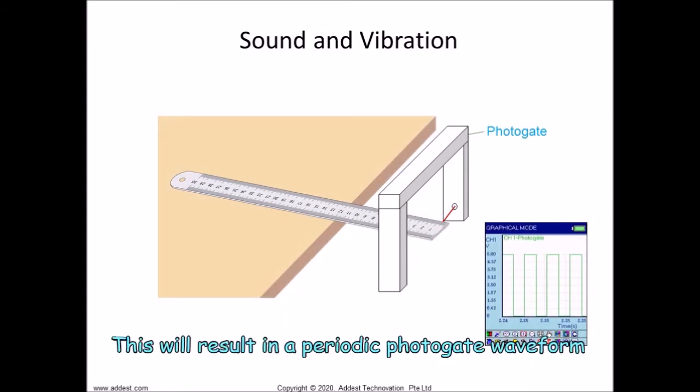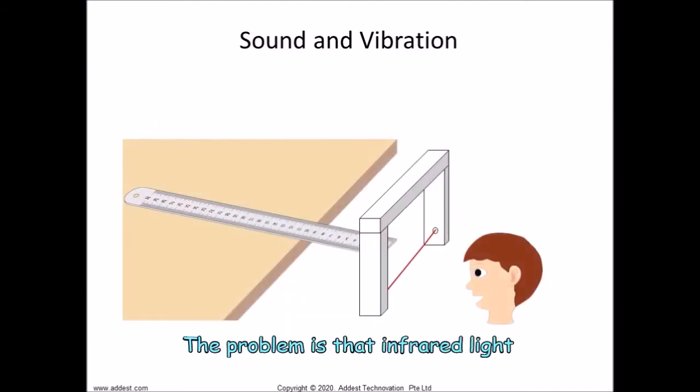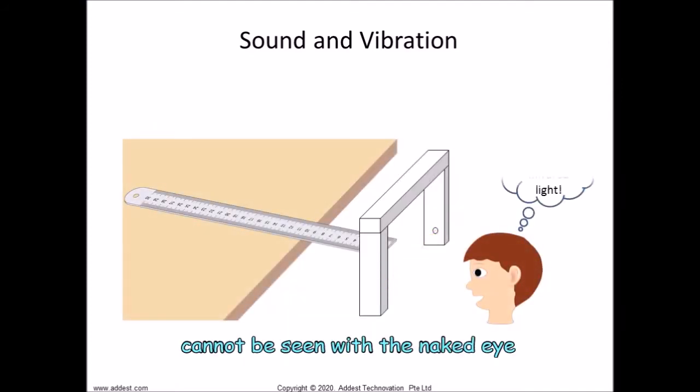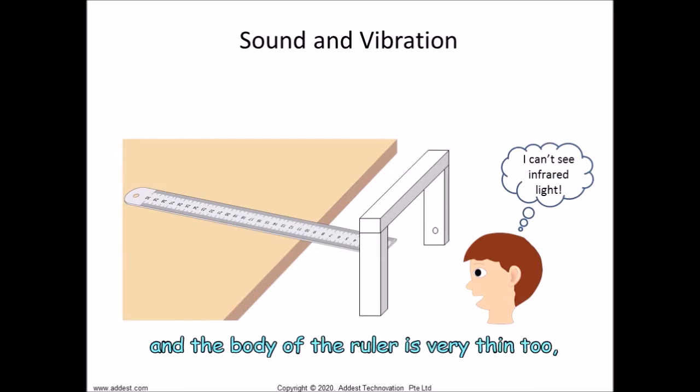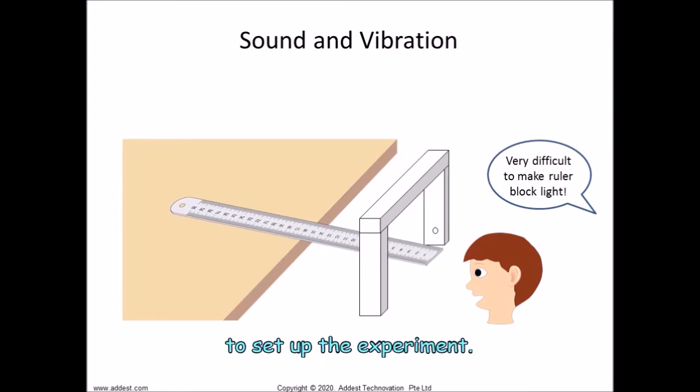This will result in a periodic photo gauge waveform that facilitates the determination of the speed of vibration. The problem is that infrared light cannot be seen with the naked eye, and the body of the ruler is very thin too, implying that it is not easy to set up the experiment.